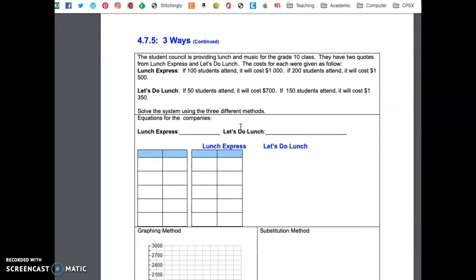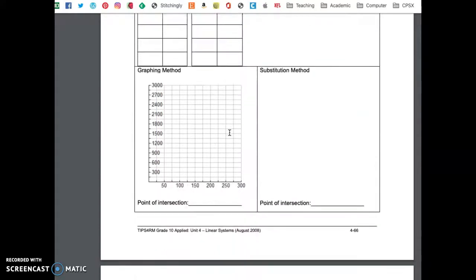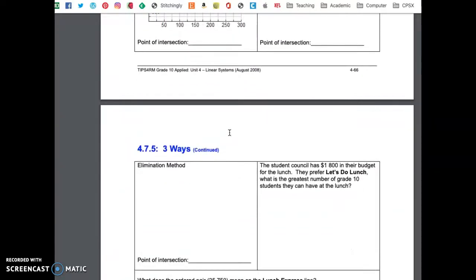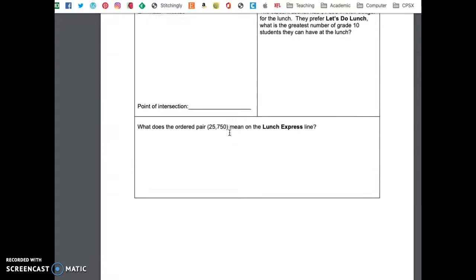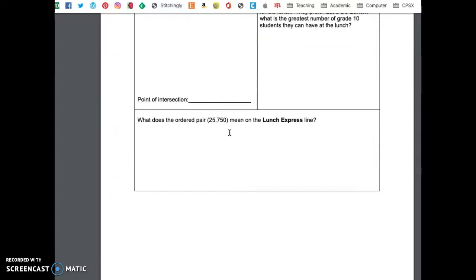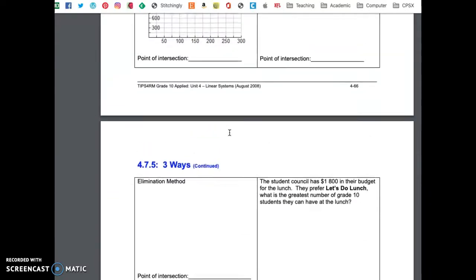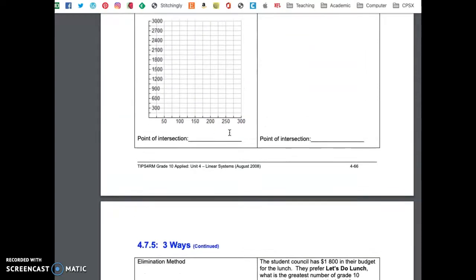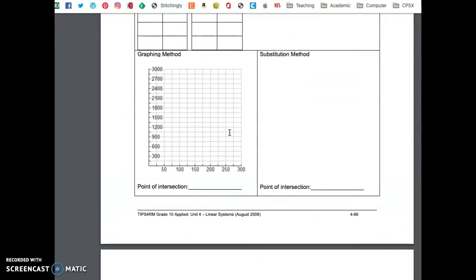So you're going to compare Lunch Express to Let's Do Lunch, and you're told what the numbers are, so you have to come up with your own equations. But once you have that, you're going to do the exact same thing we just did with the wedding question. Okay, I will post my solutions to this on Brightspace, so once you do it, you can check your solution.